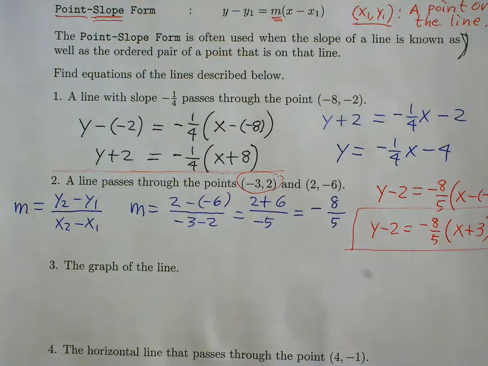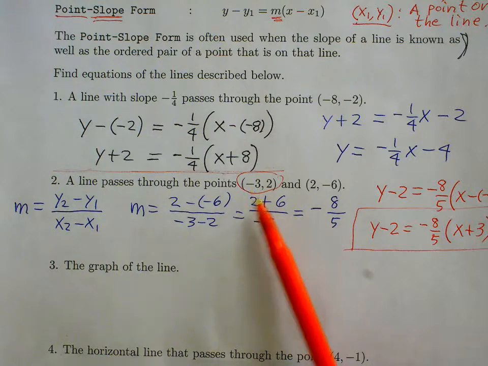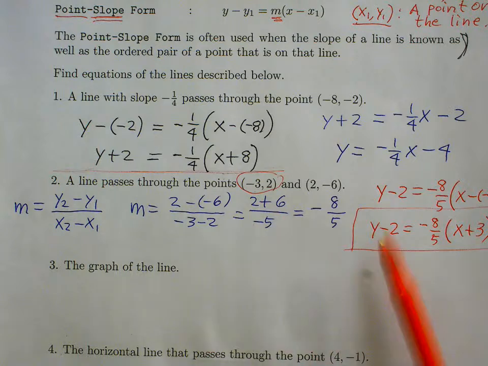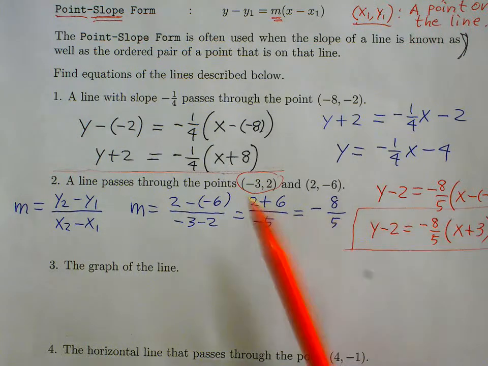If you're in doubt about whether you should use one ordered pair or the other, you can prove it to yourself that you get the same line if you start out with the point slope form in both cases, and then write each of those in slope intercept form. They will be identical when they're in the slope-intercept form.